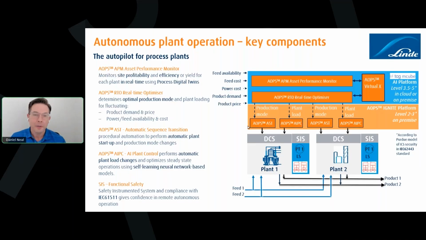Thank you. So how do we achieve autonomous operations, and how does that relate to AIPC and reducing OPEX? So I'll start by using this slide on architecture to discuss that. I want to first start talking about the AOPS Ignite platform, and then I'll discuss more about the AIPC.